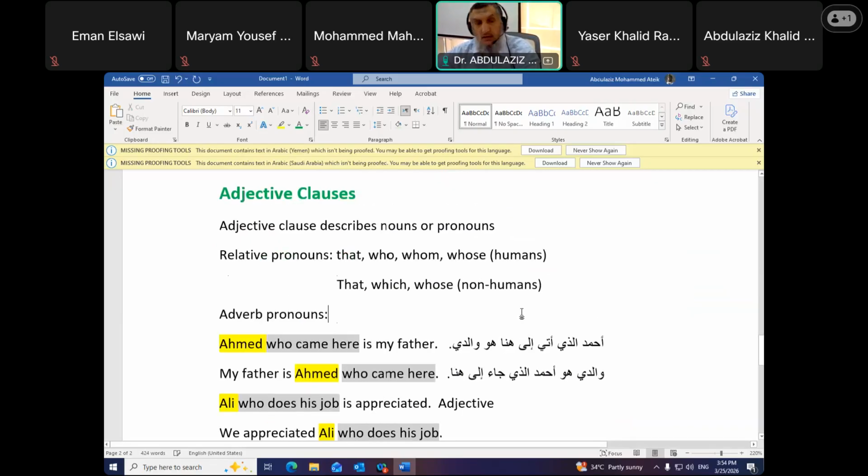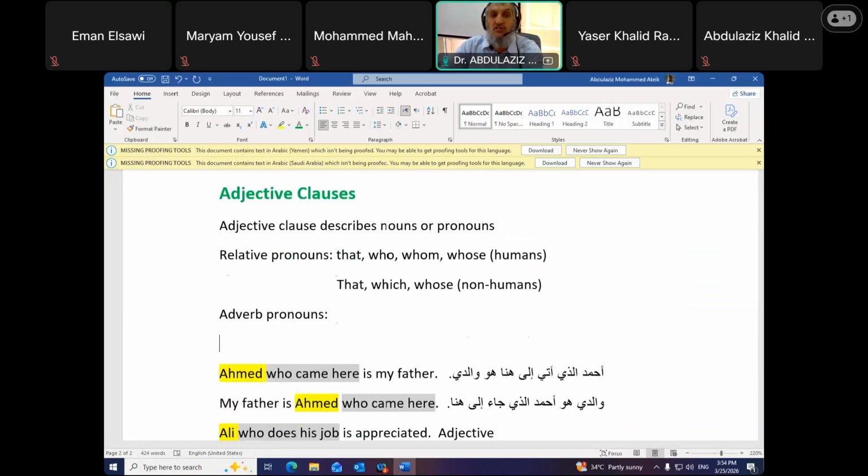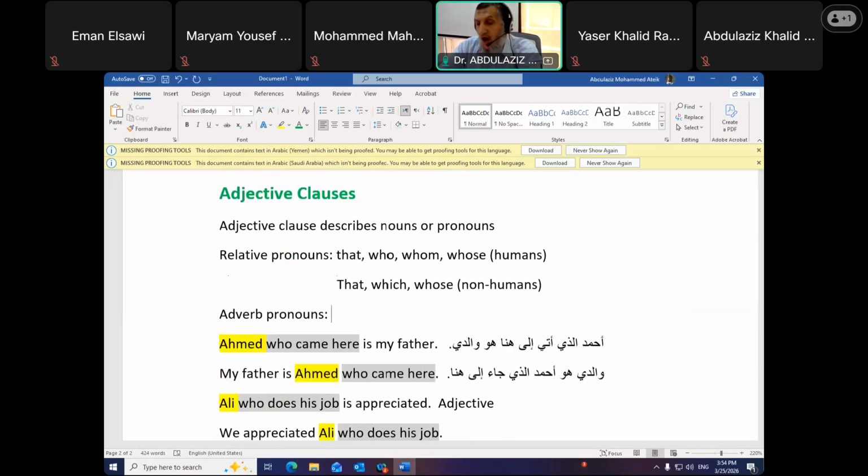For adverb pronouns, we have why, we have where, we have when, we have how. Okay, the difference between them: why must be after the word reason, after words which mean reason.